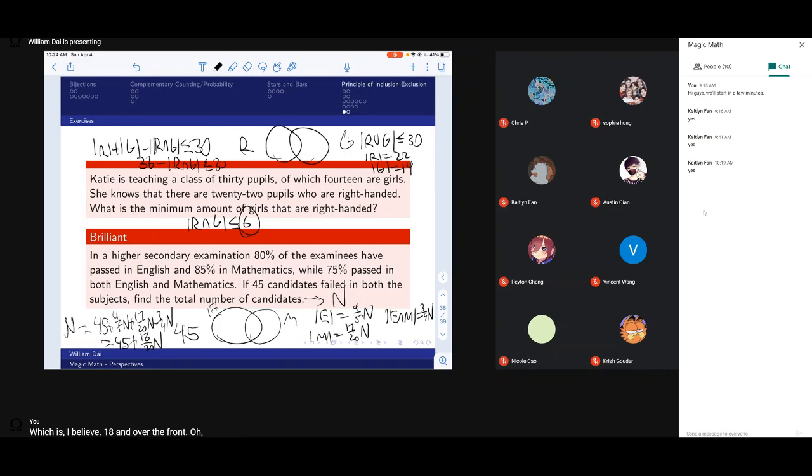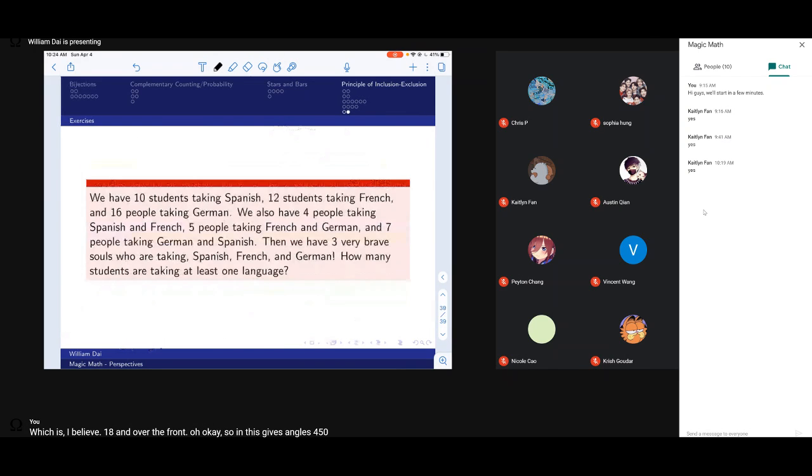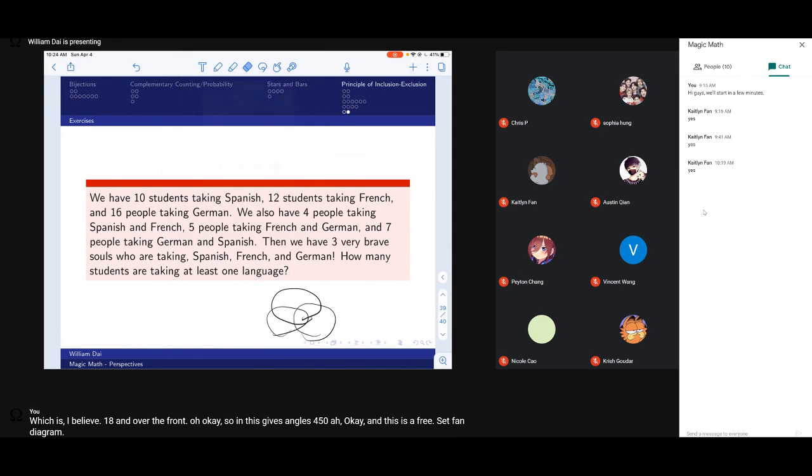And this gives n equals 450. Okay, and this is a three-set Venn diagram.